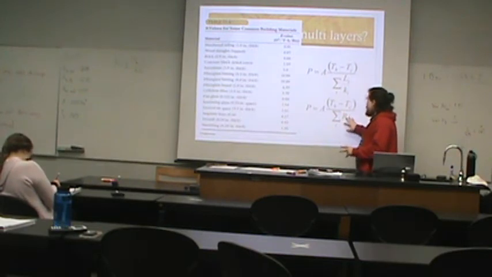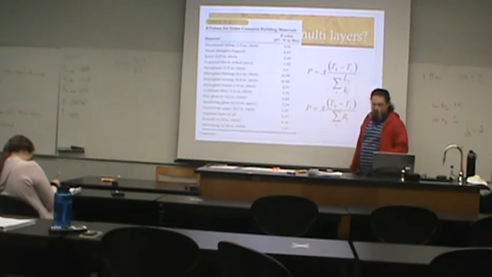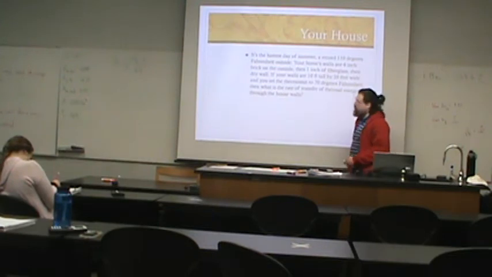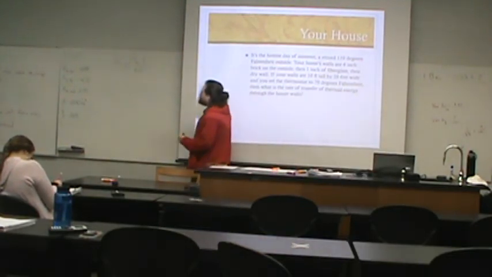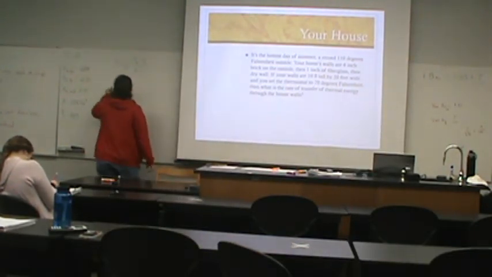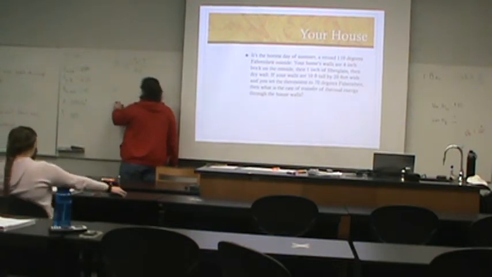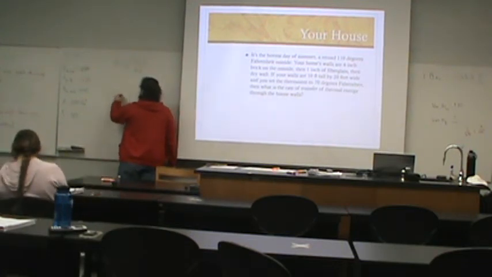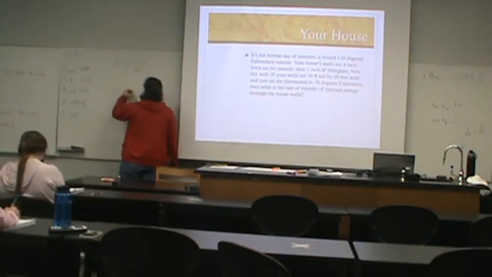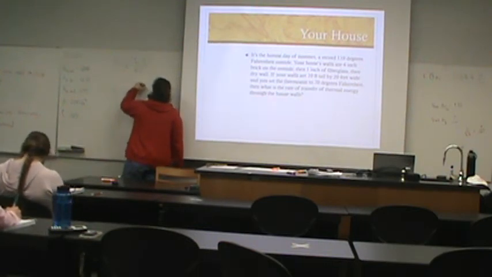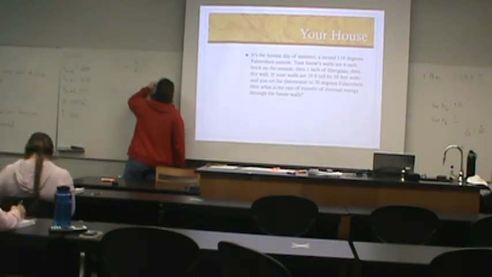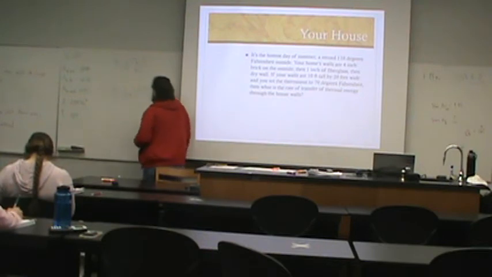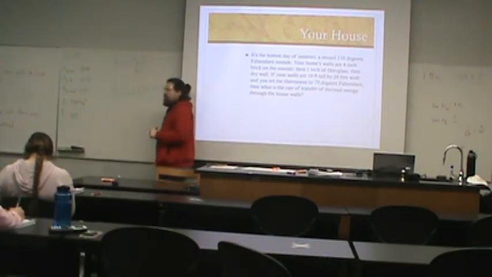Okay, so we've listed the R's for all of our things. The formula asks for sigma R, so we just add them all together. As we start plugging in numbers, thermal power equals our area, 200 feet squared, times our temperature difference. Because our R is in terms of Fahrenheit, this is the one time we can use Fahrenheit.